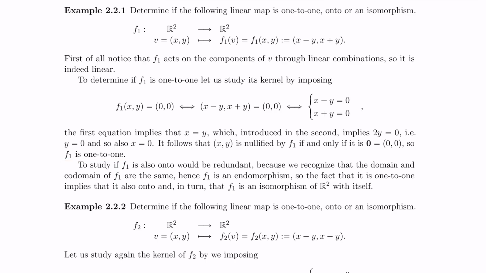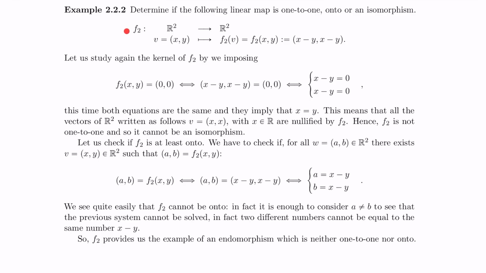Since F1 is an endomorphism, it is redundant to study if F1 is onto, because we know that for an endomorphism, being 1 to 1 implies the fact of being onto. And so F1 is not only 1 to 1, but it is also onto, and so it is also an isomorphism of R2 with itself.